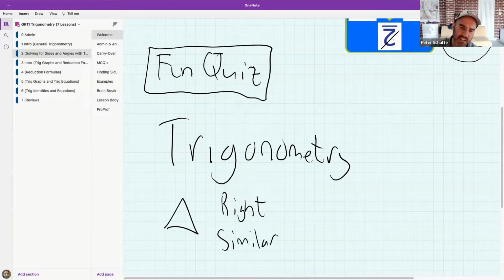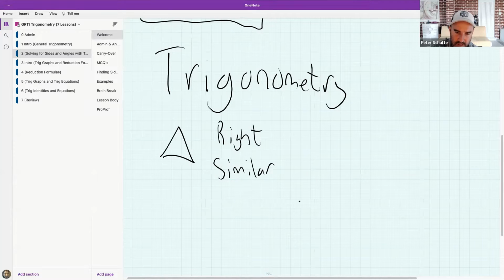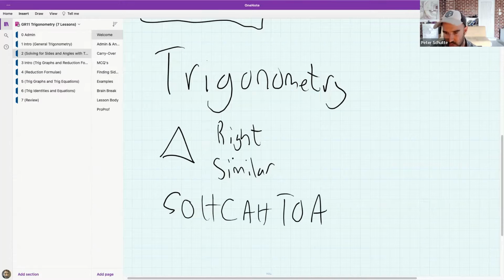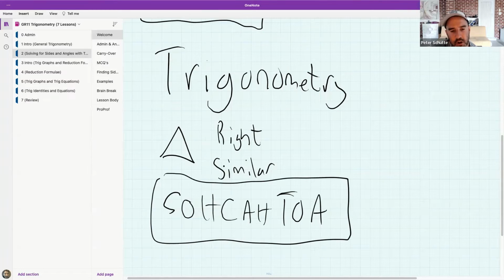And I touched on this thing that most people would learn in grade 10 called SOH CAH TOA. What SOH CAH TOA deals with is the ratios of sides in a right angle triangle. But I find that a lot of students tend to memorize this in grade 10 without too much understanding of what it actually means.